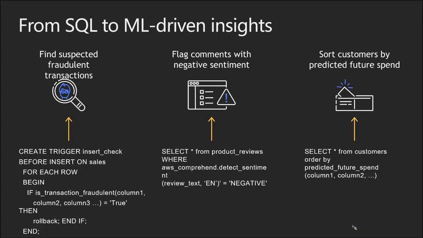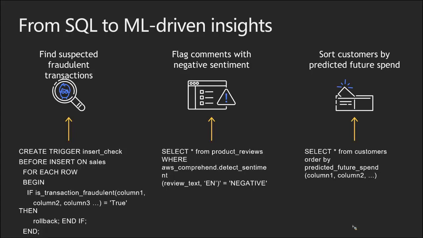And I can call a function called detect_sentiment, where I give that column as input, and EN means that I'm processing it in English, and several languages are available. And in this example, I want to look for the ones where the sentiment is negative. So the sentiment can be positive, negative, or neutral. And then maybe I do something with the ones that have a negative sentiment.